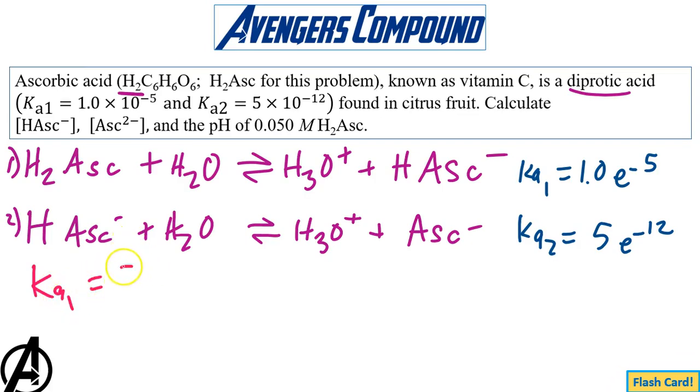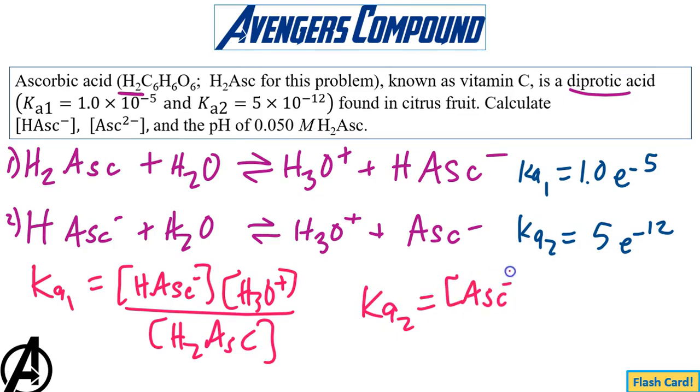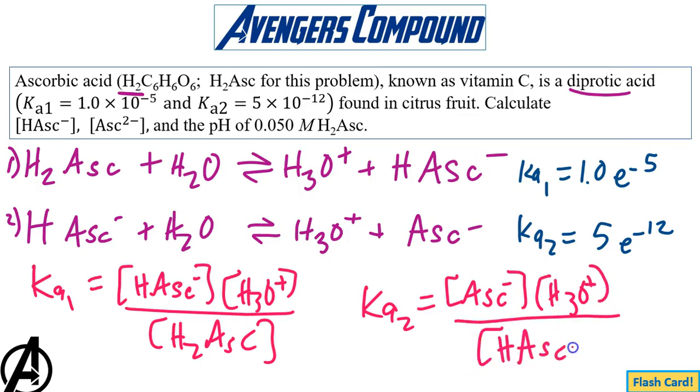So Ka1 is going to be HASC minus times the H3O plus, of course, divided by H2ASC. And then our Ka2 value is going to equal our ASC minus, or our conjugate base, times H3O plus divided by HASC minus, okay? So let's go ahead and continue reading.